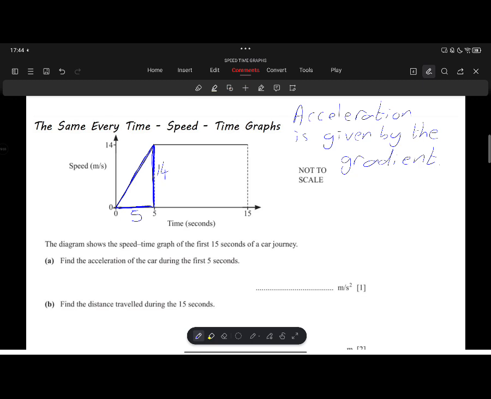So the gradient, rise over run, change in y divided by change in x, 14 divided by 5 is going to give me my gradient. So 14 divided by 5 gives me 2.8 for my gradient. So the acceleration is 2.8. And the units are already given to us in the question, 2.8 meters per second squared.